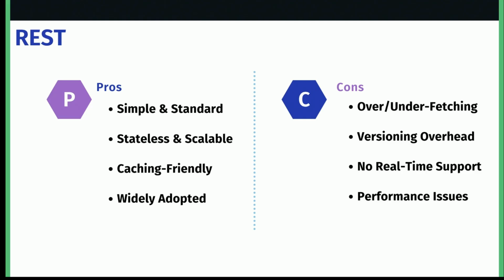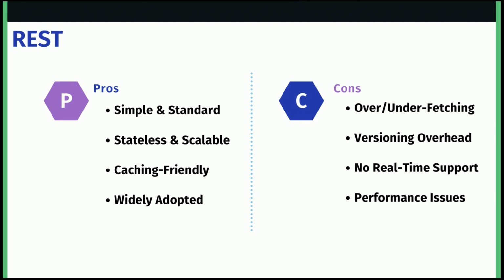It is widely adopted because a lot of web applications, the internet-based applications, use the HTTP protocol, so REST goes hand in hand with HTTP. And it is caching friendly, because REST APIs follow the HTTP spec, so obviously HTTP APIs are cache friendly.